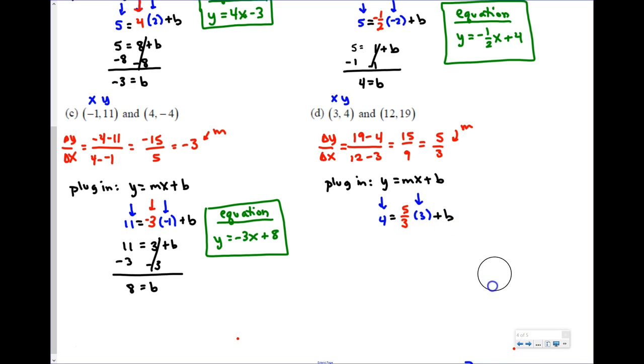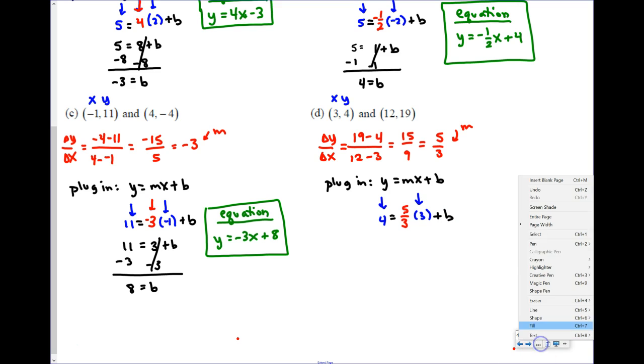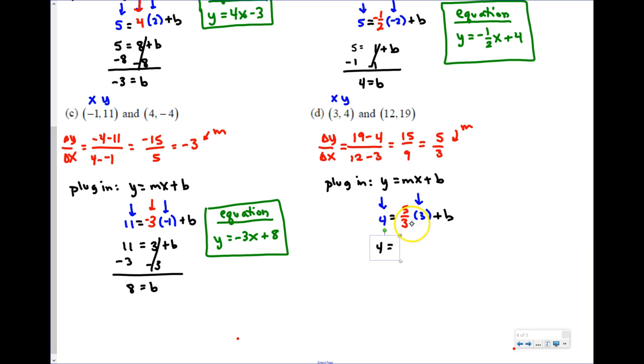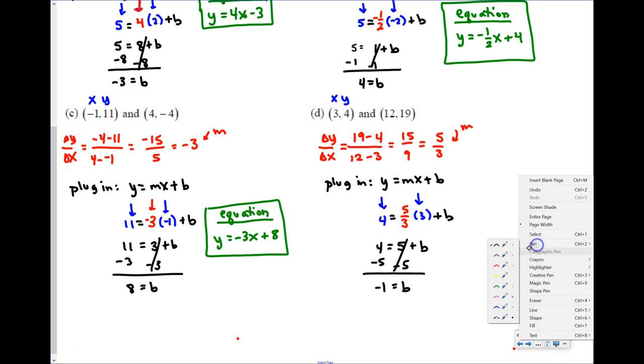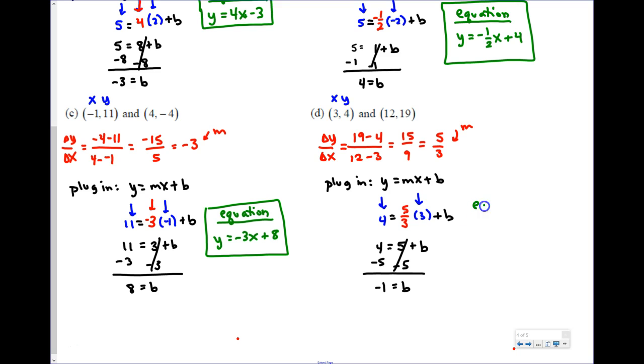Now I've got to solve this, so I get 4 equals 5/3 times 3 on my calculator becomes a 5 when I multiply, plus b. Subtract the 5 on both sides, and I get 4 minus 5 is -1. So -1 is my b. And now that I've found both m and b, I can write my equation.